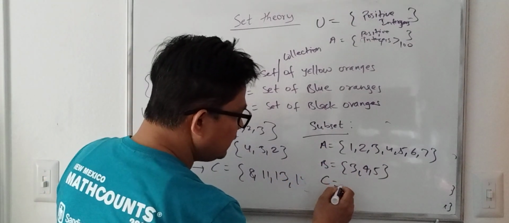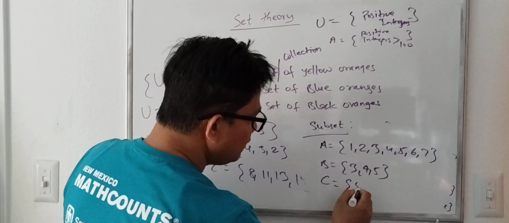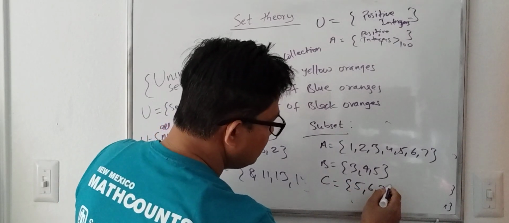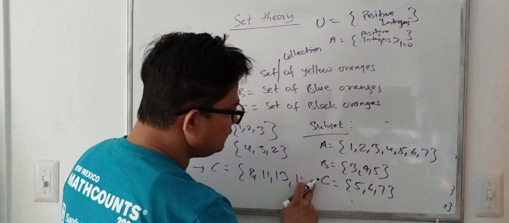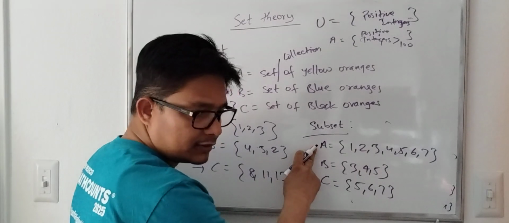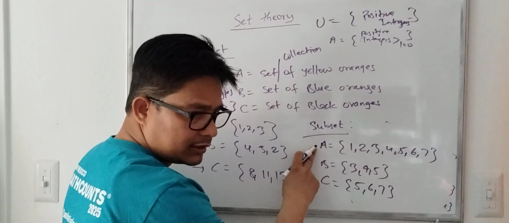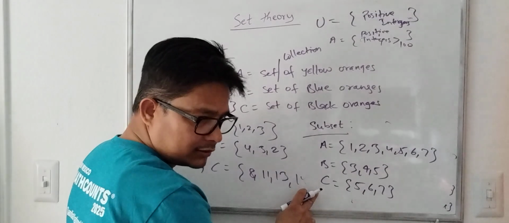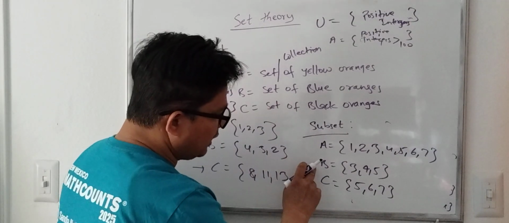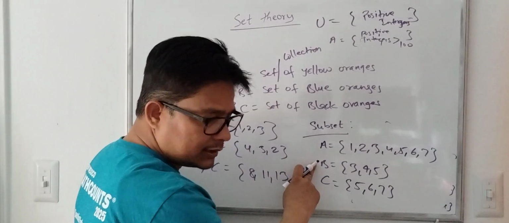So here C is, let's say, 5, 6, 7. So these two, B and C, are subsets of A. Okay? Understand? Okay. So what is the definition of subset?